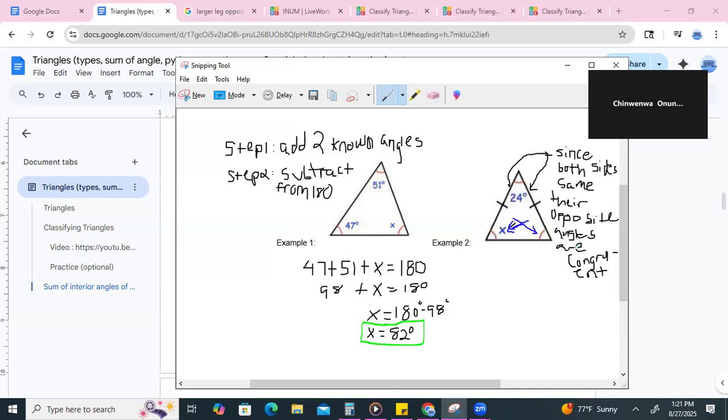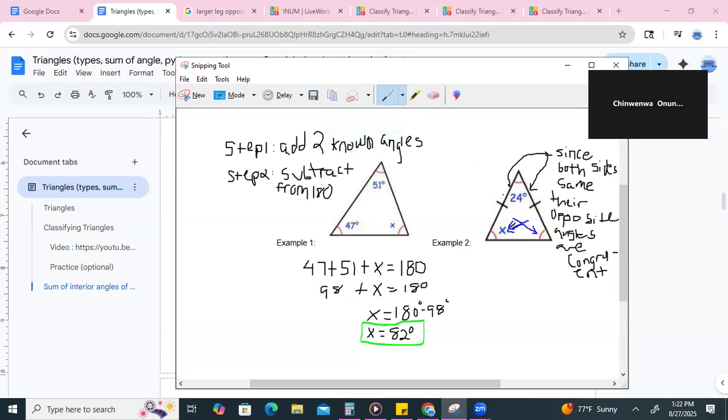Example two, as denoted by these tick marks over here, we can see that two sides of our triangle have the same length. So that means that this is an isosceles triangle with two equal sides.